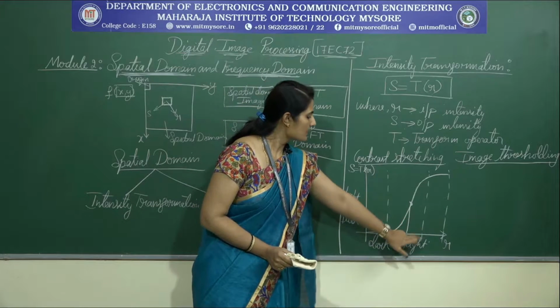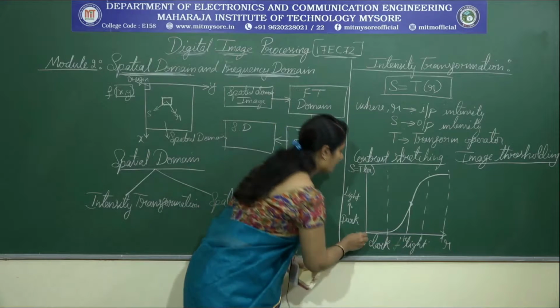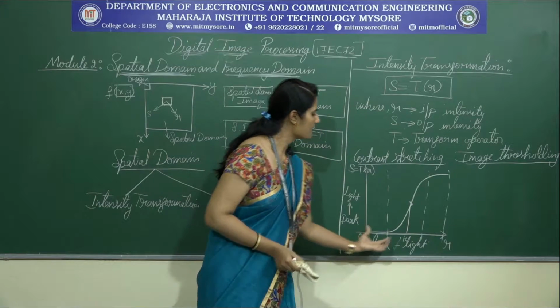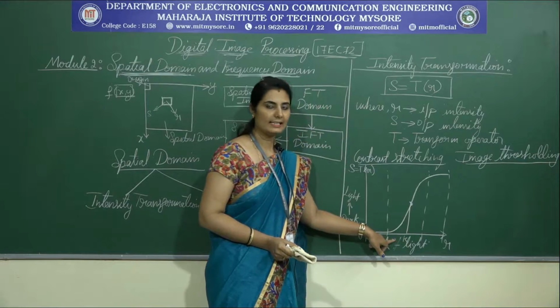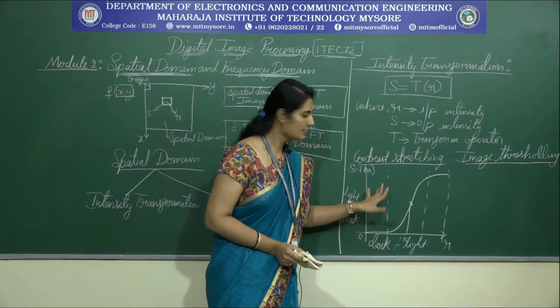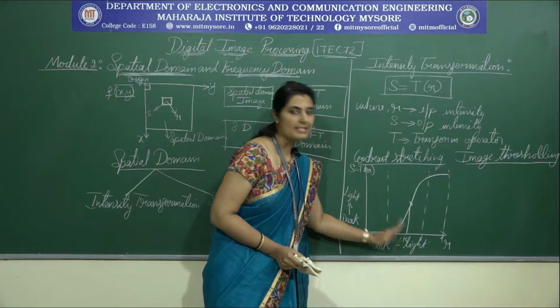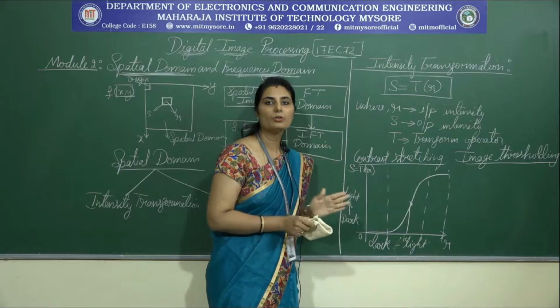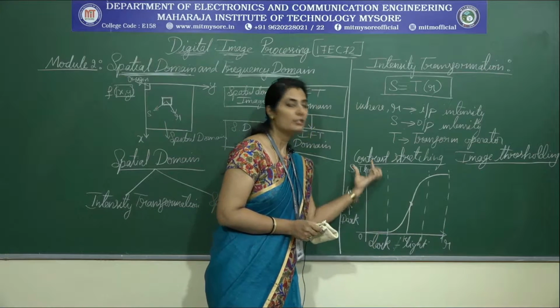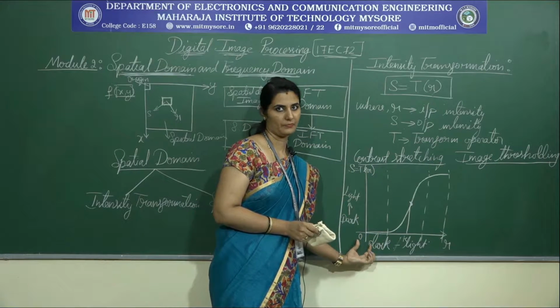If suppose the range of intensity levels for R is less than K, then in contrast stretching this is mapped to the narrow range of intensity levels towards the dark region. Okay.